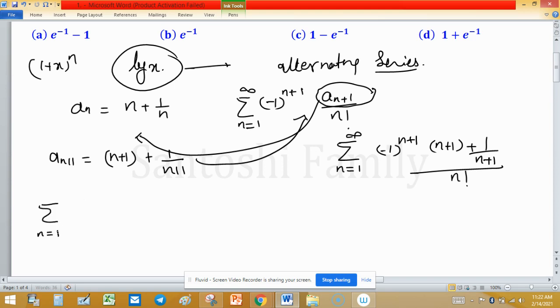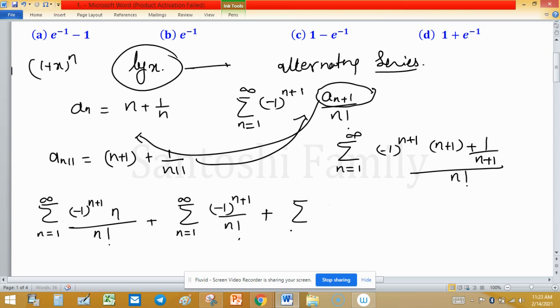Summation n from 1 to infinity, minus 1 raised to the power n plus 1, n upon n factorial, plus summation n equal to 1 to infinity, minus 1 raised to the power n plus 1 upon n factorial, plus summation n equal to 1 to infinity, 1 upon n plus 1, and the factorial is in the denominator also.